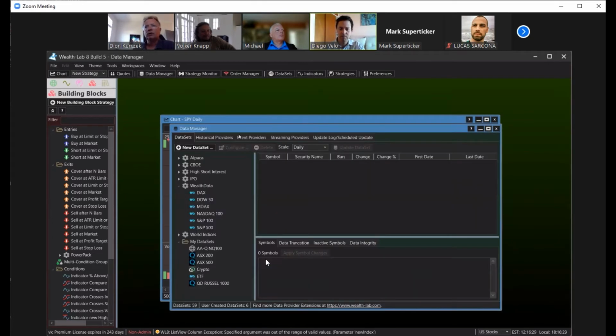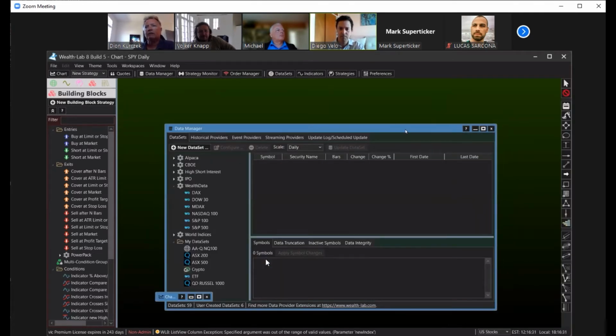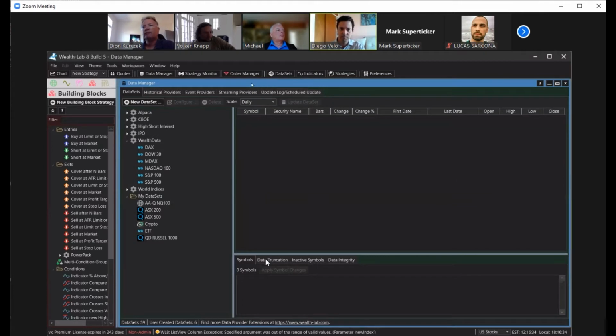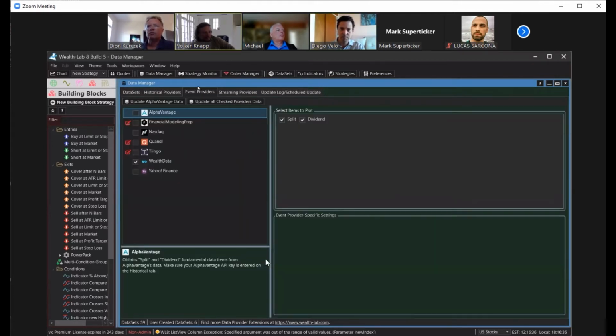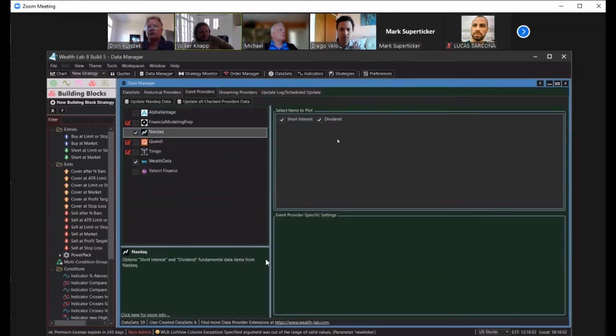Yep. So in the data manager here, in the tab event providers, these event providers are the things that can bring in any kind of sporadic data into your workflow, like fundamental information, patterns, anything that isn't a price series, but things that can be associated with different dates on the price series.